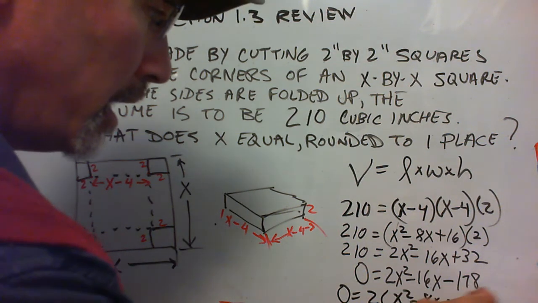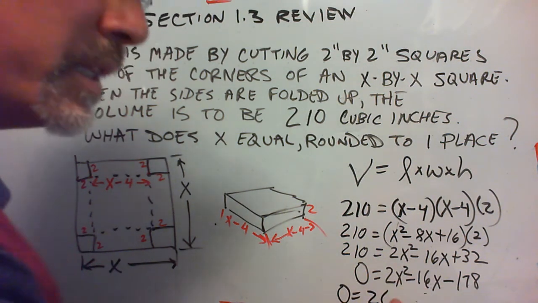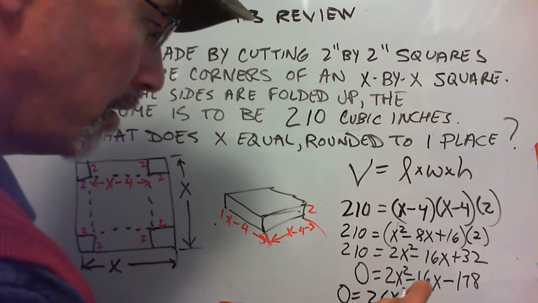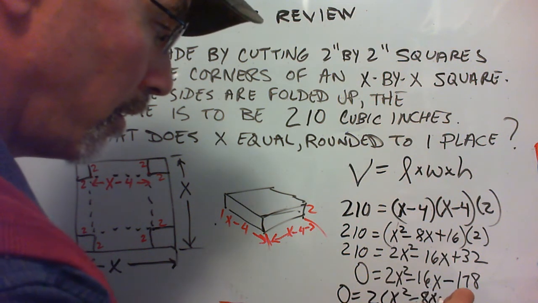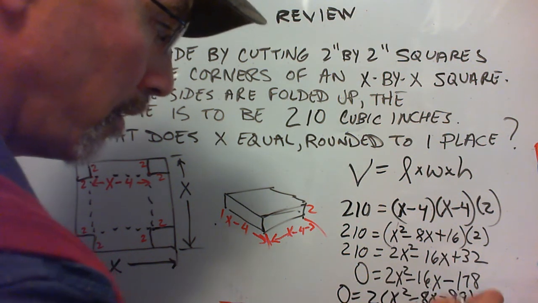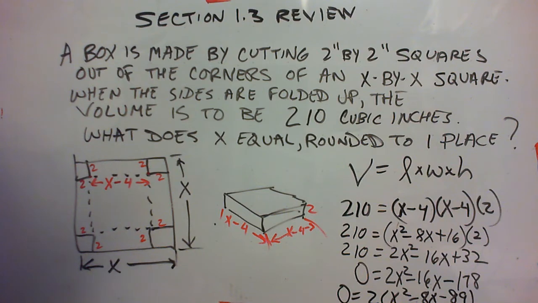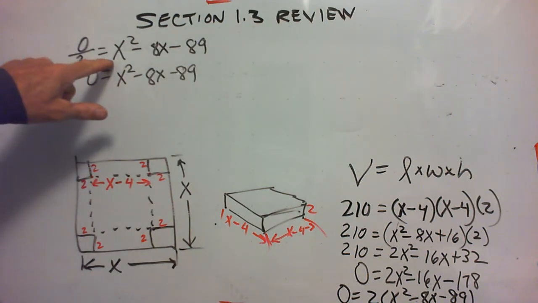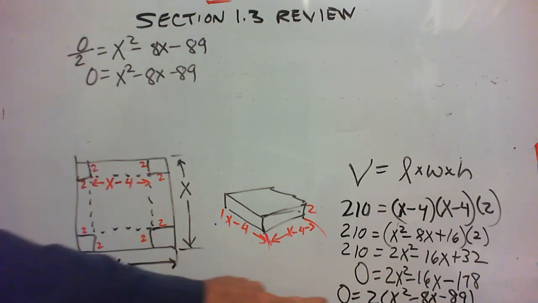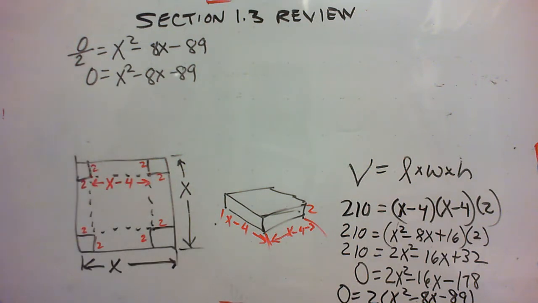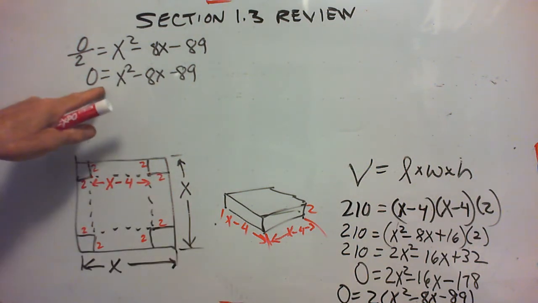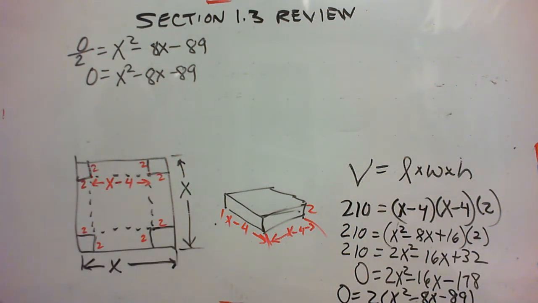Now we can divide both sides by 2. And let me write this so we can see it. There we go. So continuing up at the top here, when we divide both sides by that 2, it disappears. So we have the simpler equation, 0 equals x squared minus 8x minus 89.